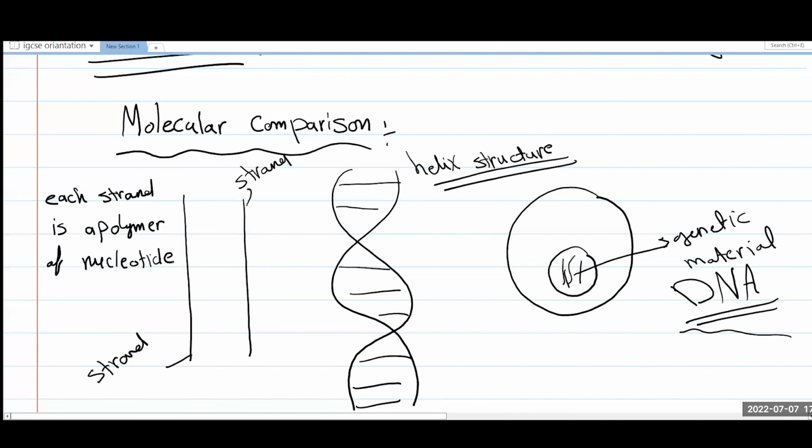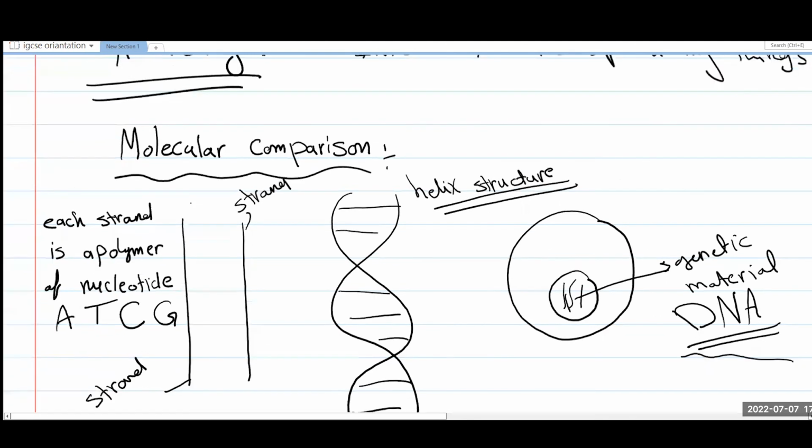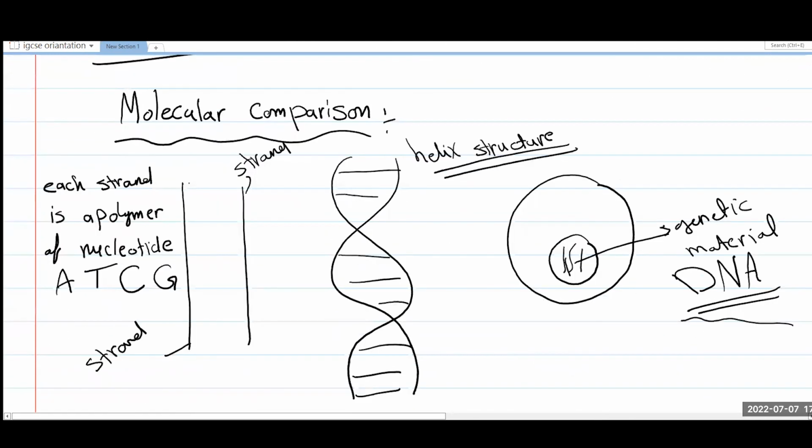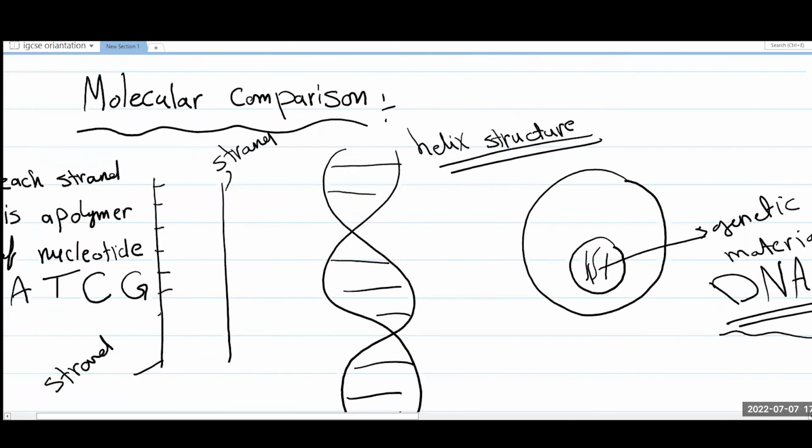What are nucleotides? We have 4 types of nucleotide, or sometimes we call them bases: A, T, G, C. Yani, subunits. When we bond them together in a particular sequence, it will form a strand of DNA.